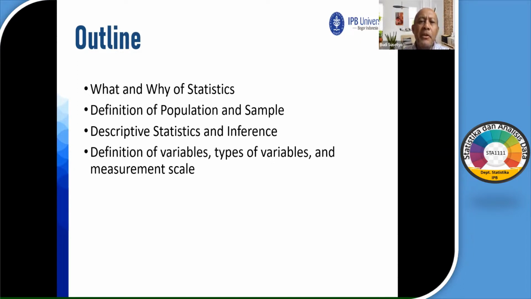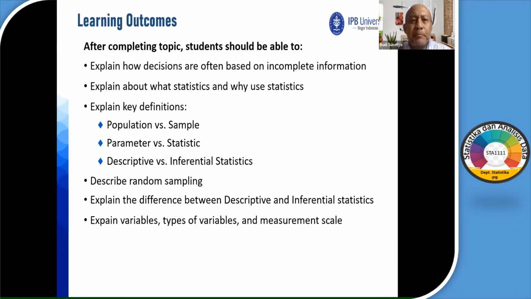Good. After this first meeting, you should be able to explain how decisions are often based on incomplete information. You should also be able to explain what statistics is and why you use statistics.